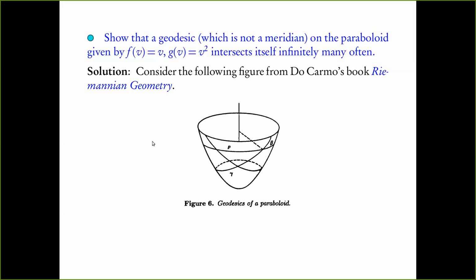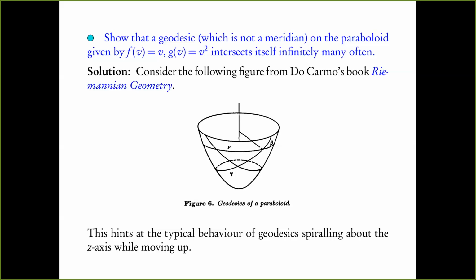That is precisely what we're going to show. This is precisely the picture that you should have in mind; it's not just a picture that you draw for convenience. This hints at the result. Is the picture clear? I can explain the picture once more if people have any questions.